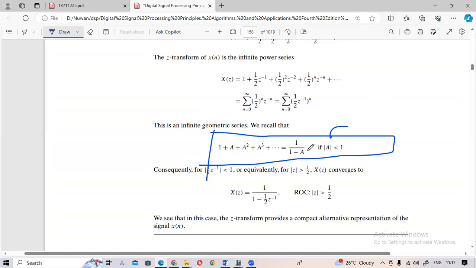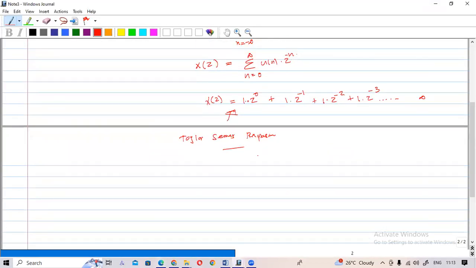But this compact solution is valid if the magnitude of a is less than 1. You have to consider this condition also, okay. So we will try to apply it to our case. Now we have X(z), that is 1, z^(-1) plus z^(-2) plus z^(-3), and so on up to infinity.